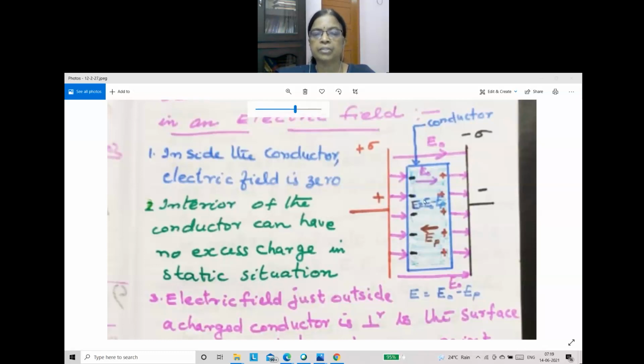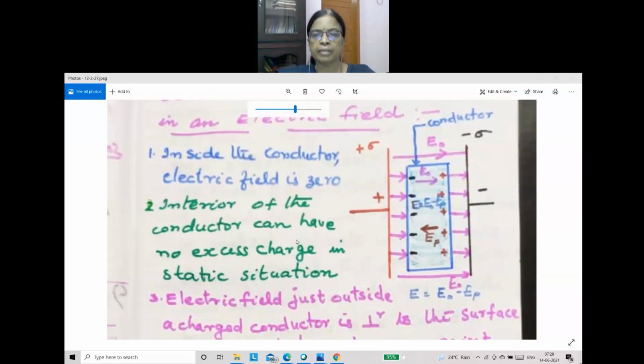Interior of the conductor, when it attains a static situation, don't think that there are excess charges. There is no excess charge. Electrons come and arrange here, positive charges are here. No excess charge it got from anywhere.